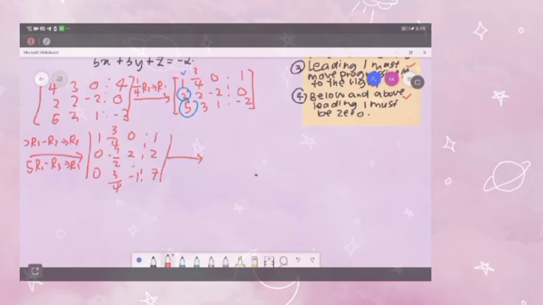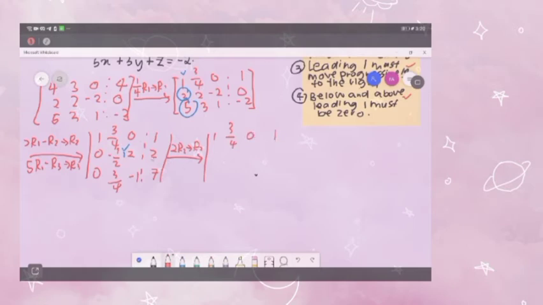So we want this to become 1. So it will be negative 2 times row number 2, and we will put it in row number 2. We just copy the other row that we will not touch: 1, 3/4, 0, 1.